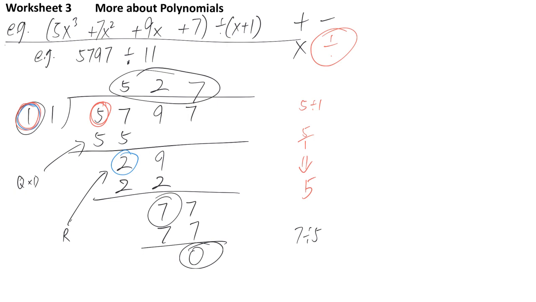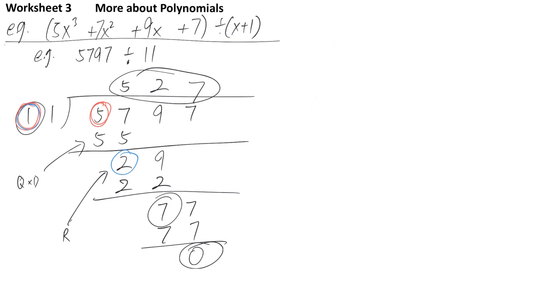Some of you may say, oh, everyone knows this, why do you have to mention it? Now I'm going to tell you the polynomial version. So now our polynomial is 5x power 3 plus 7x squared plus 9x plus 7. What you're going to do is divide by x plus 1 here.